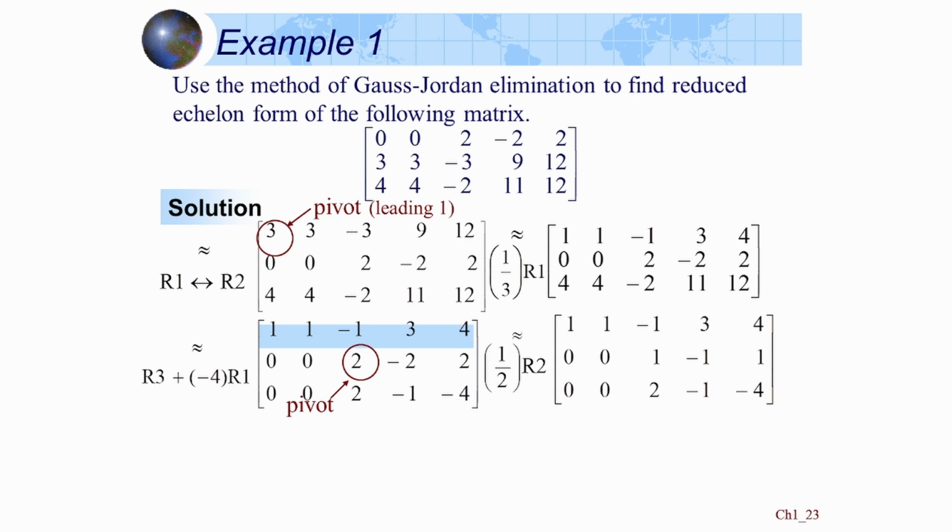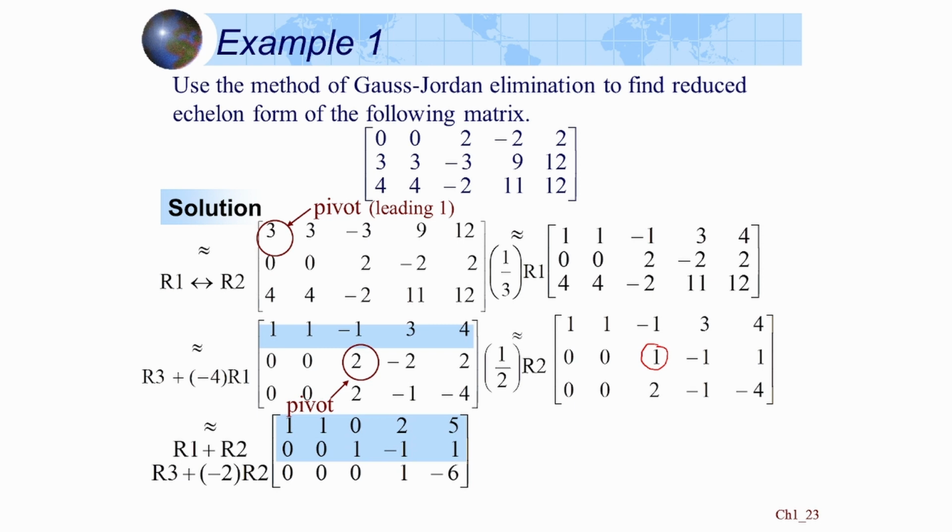Now use this 1, the second pivoting element, to create zeros in the first and third rows of this column. So R1 plus R2 makes the corresponding element of the first row 0, and R3 minus double R2. You apply them and you get this.